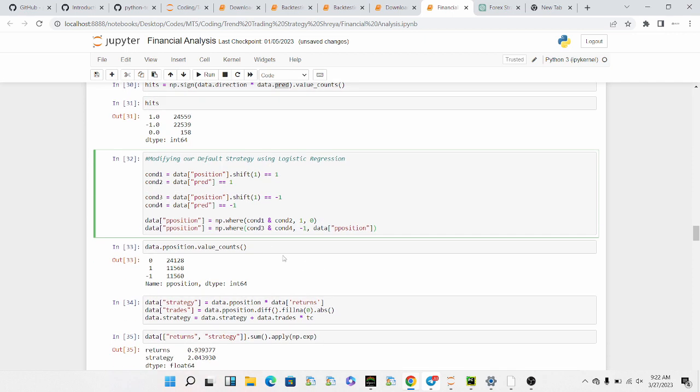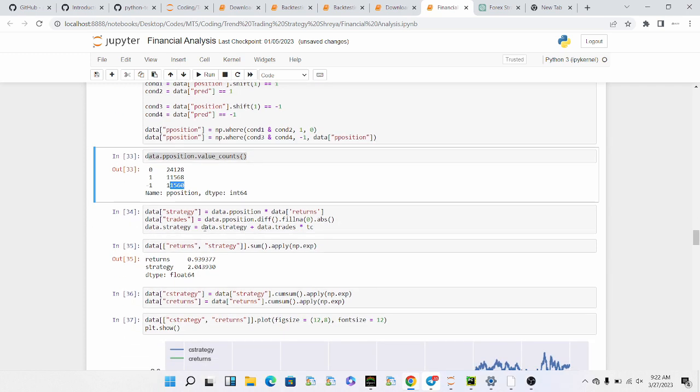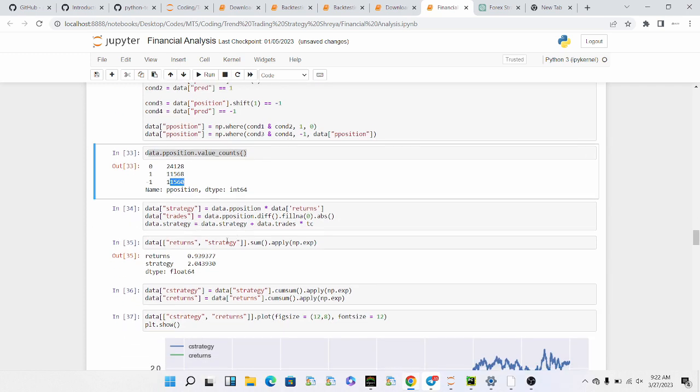Looking at our value counts now, we were in a neutral position 24,000 times. You can see the improvements. And for the buy position, we're in a buy position 11,000 times, and in a sell position about 11,000 times as well.